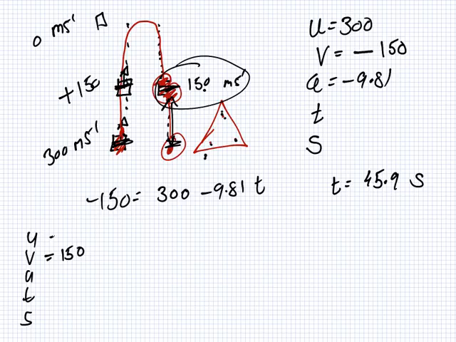So what would be the best formula to give me the S here? V squared, yeah. V squared equals U squared plus 2AS. Three kilometers. Very unrealistic.